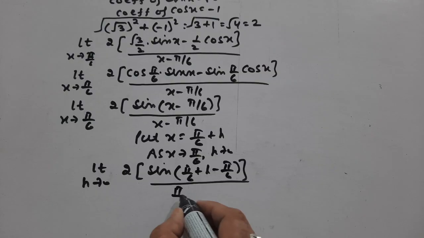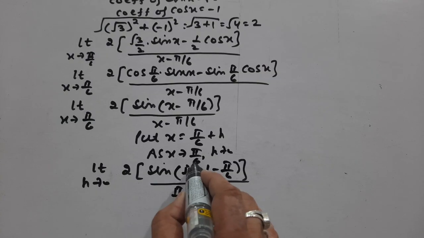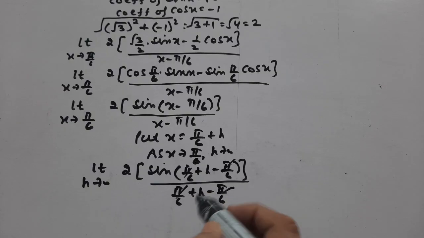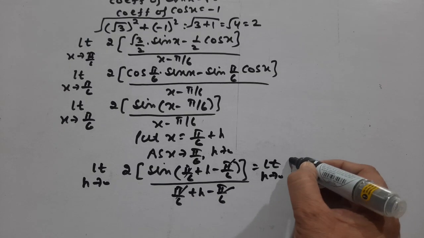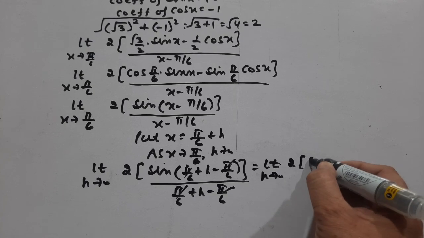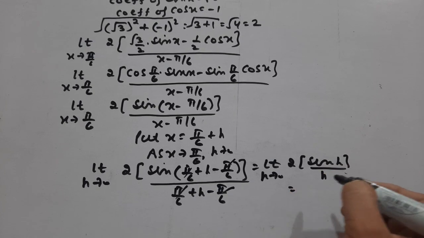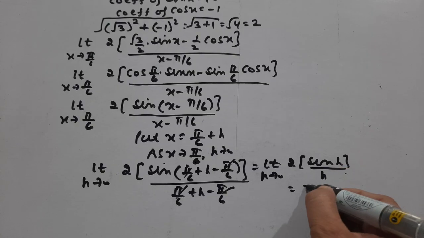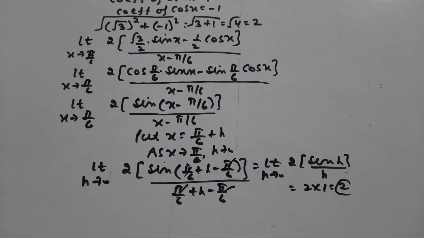Here also pi by 6 plus h minus of pi by 6. Now cancel these two. So our question becomes limit h tends to 0, 2 times of sin h upon h. So sin h upon h is 1, so we get 2 into 1. So our answer is 2.